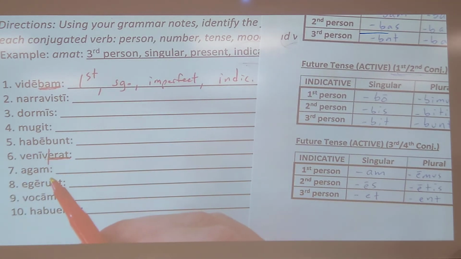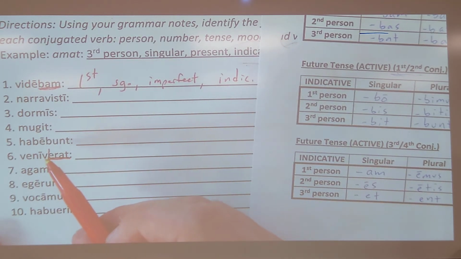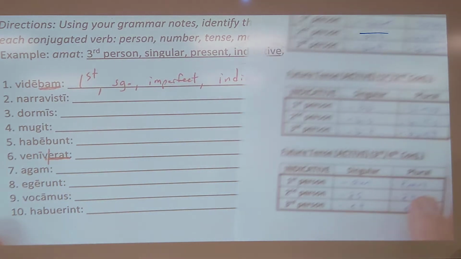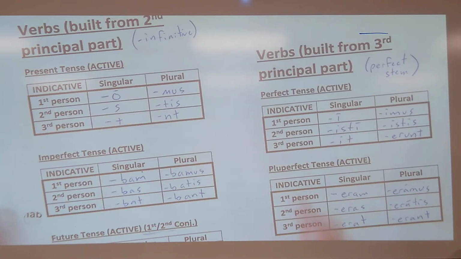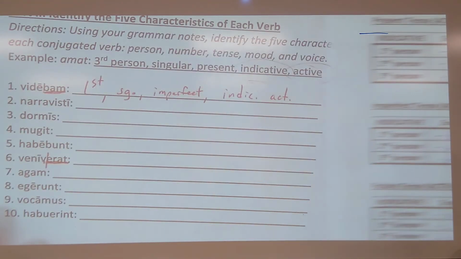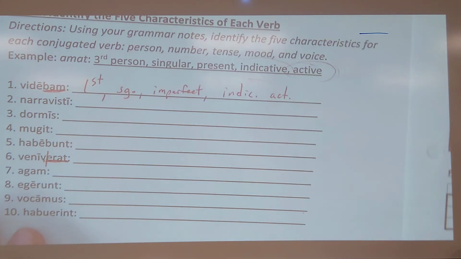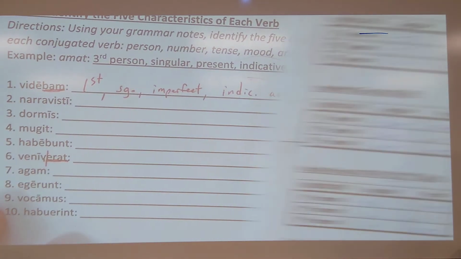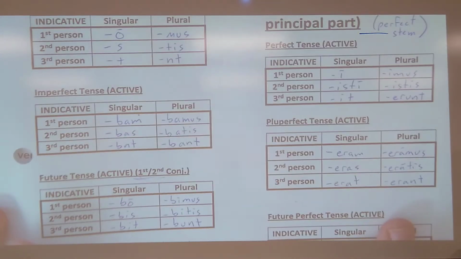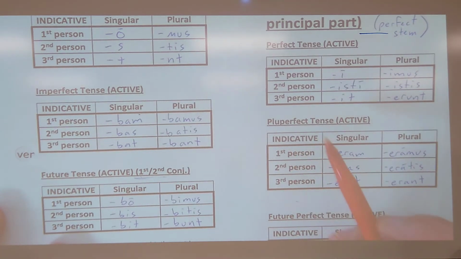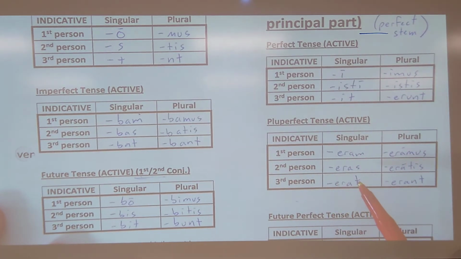Last letter. So in this case, if your last letter is a V when you cut off the ending, it's a dead giveaway that you're over here on the perfect stem. Okay, anyway, so we already said that it was the pluperfect tense. What person and number do we have for erot?